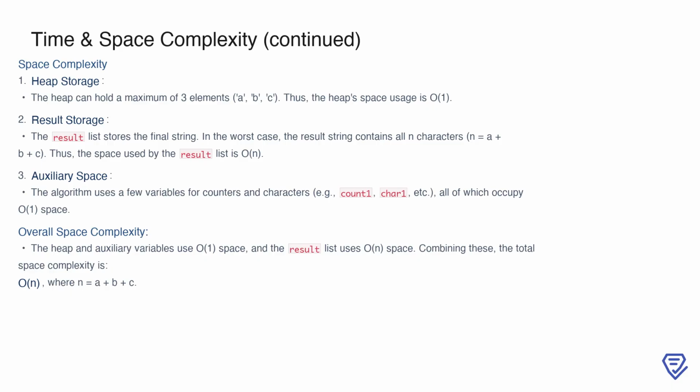Finally, the algorithm uses a few auxiliary variables for counters and temporary storage, such as count1 and char1. These variables require constant space, or O(1). Combining these, we see that the heap and auxiliary variables contribute O(1) space, while the result list contributes O(n) space. Therefore, the overall space complexity is O(n), dominated by the result list, which grows linearly with the total number of characters.